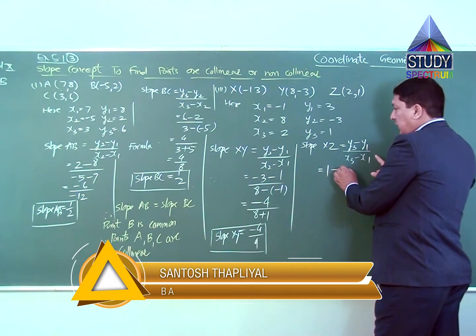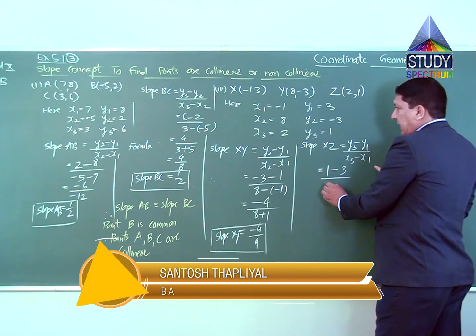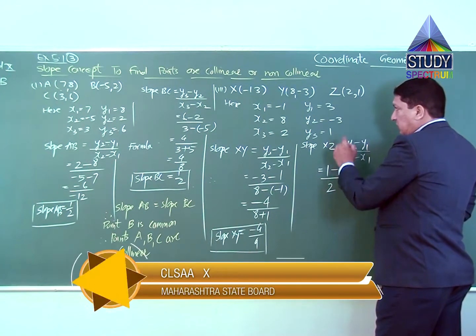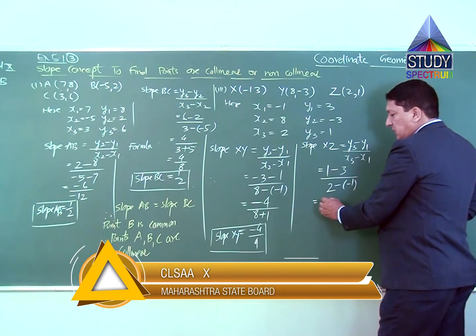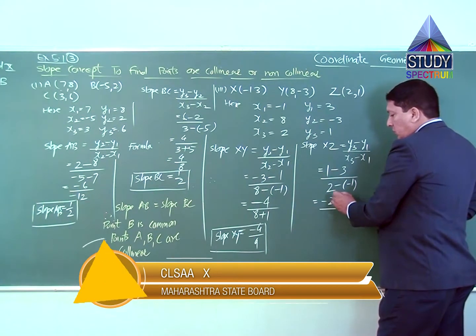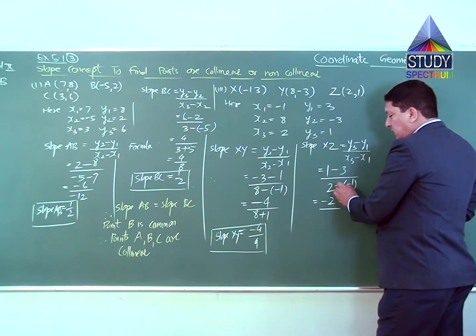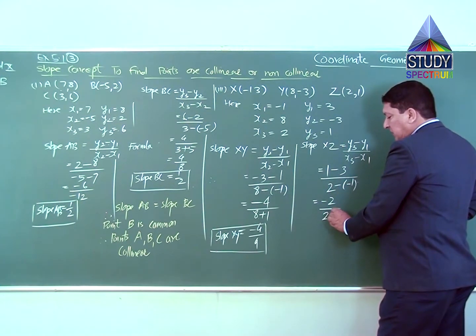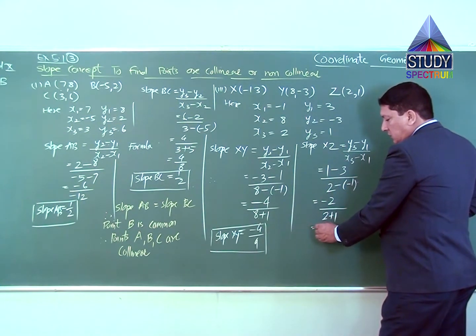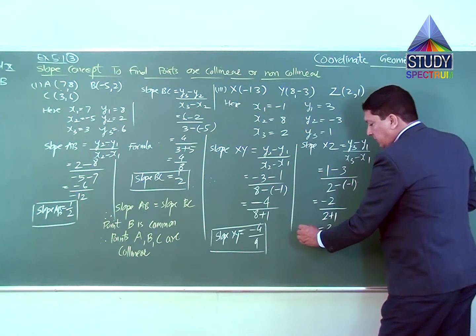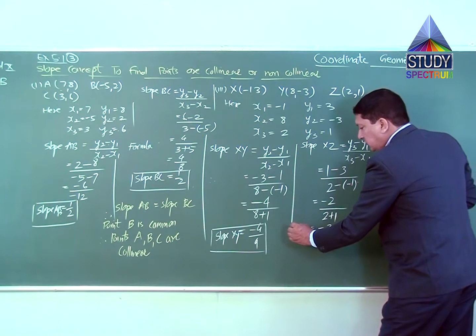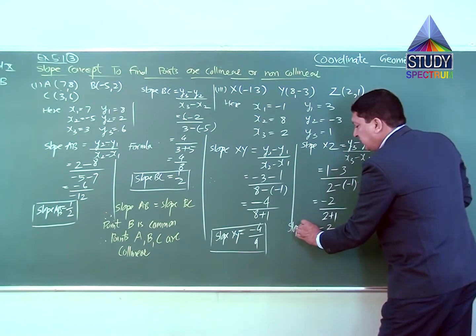Minus y1 is 3. x3 is 2. x1 is minus 1, so minus of minus 1. 1 minus 3 is minus 2. 2 minus of minus 1 is 2 plus 1. So minus 2 upon 3. This is the slope of XZ.